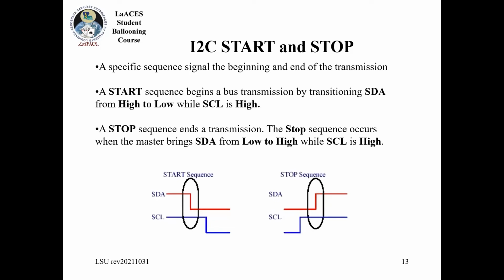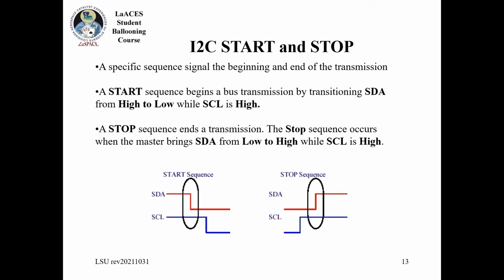The first thing that you're going to do when you initiate an I2C communication is send this start sequence. All of the devices are looking for a specific combination of the data and the clock pin at the same time, and that's what's going to wake them up and trigger them to start watching.